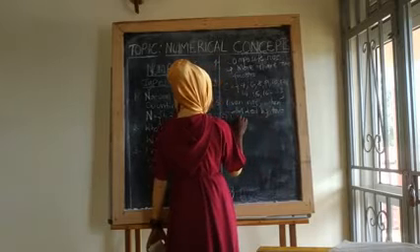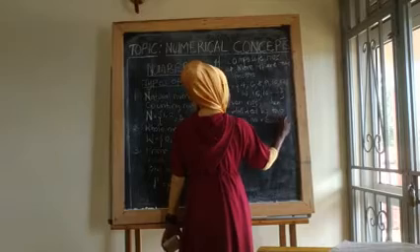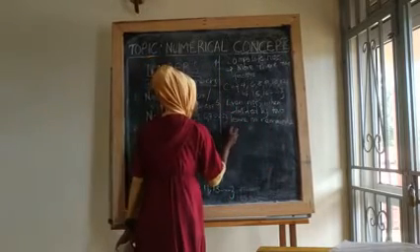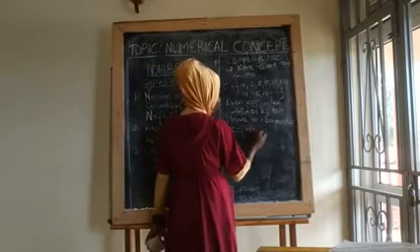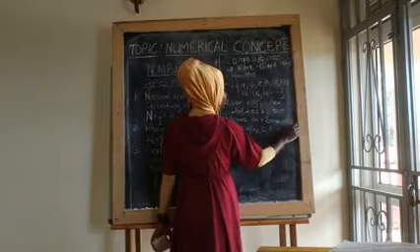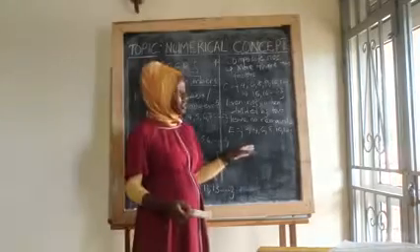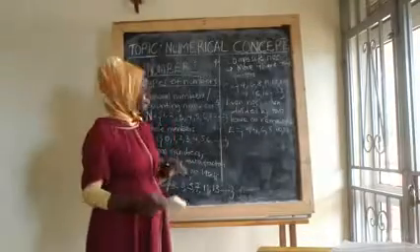Among the examples of even numbers, we have 2, 4, 6, 8, 10, 12, and so on. Because all these ones are perfect divisors. When they are divided by 2, they don't leave any remainder.